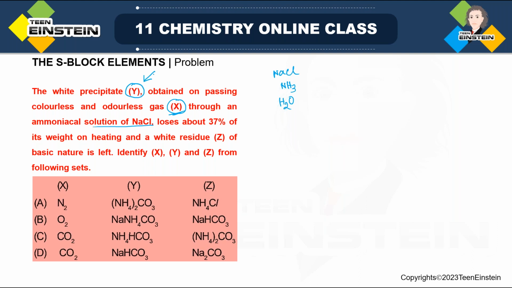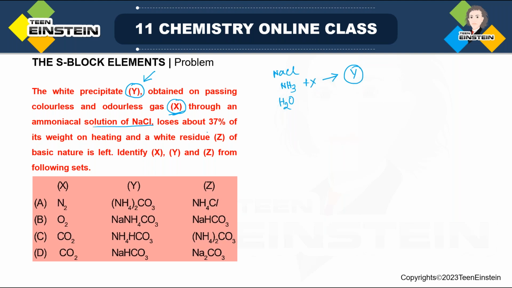Read the line very carefully, because it is mentioned in a very complicated way. The white precipitate Y you are getting when you are passing X through an ammoniacal solution of NaCl. Ammoniacal solution means ammonia is obviously there. When you are treating it with X, you get Y, which is a white PPT.